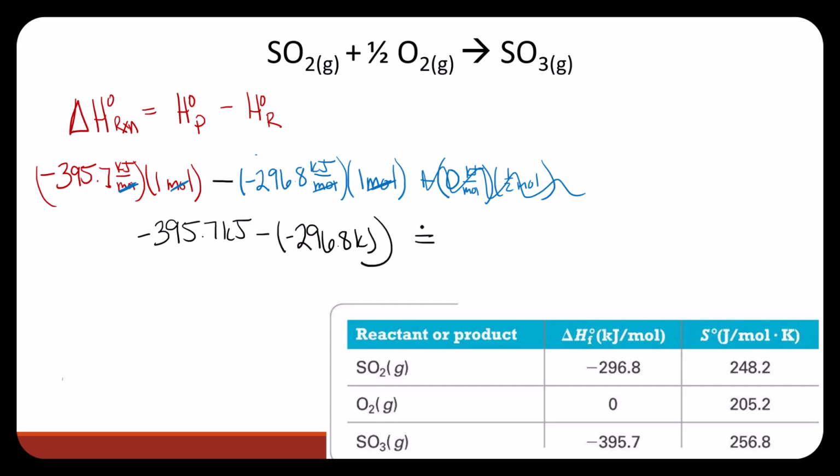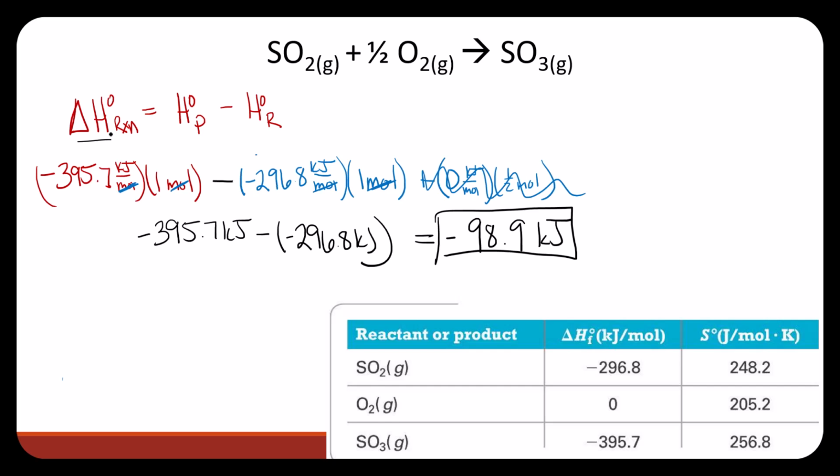So the enthalpy change for this reaction is negative 395.7 minus negative 296.8, and we get a value of negative 98.9 kilojoules. So that's step 1, determining the enthalpy change.